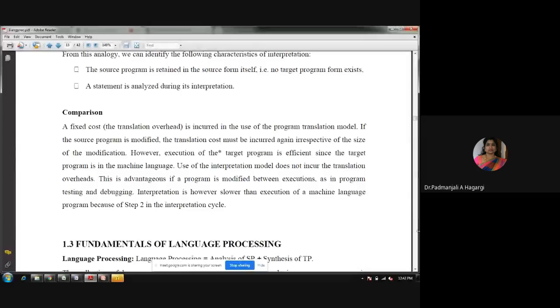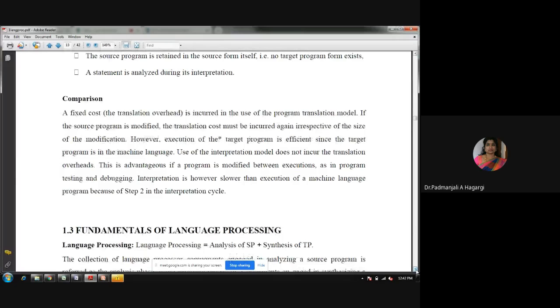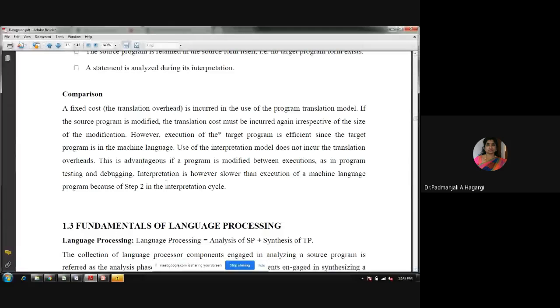Use of the interpretation model does not incur the translation overhead, but this is dangerous if the program is modified between the executions. As for program testing and debugging, interpretation is slower than the execution of the machine language program because of step 2. So the interpretation cycle takes time.